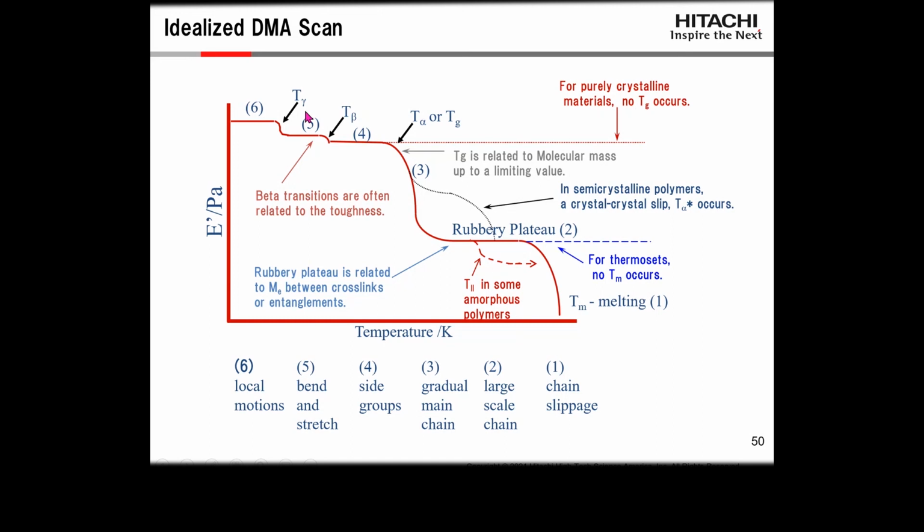And some of them are important, like beta transitions are related to the toughness of the material in the solid state. The plateau here is related to the crosslinks or entanglements between the chains, and hence gives us an idea of crosslink density. And you can see there's some other things that appear in semicrystals and crystal slips and very crystalline materials.